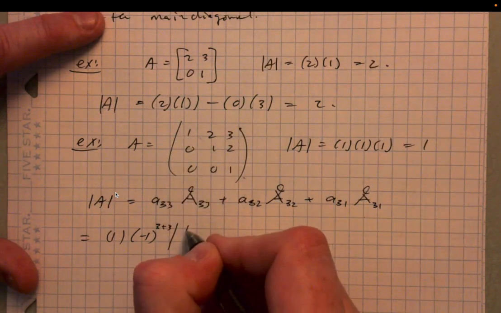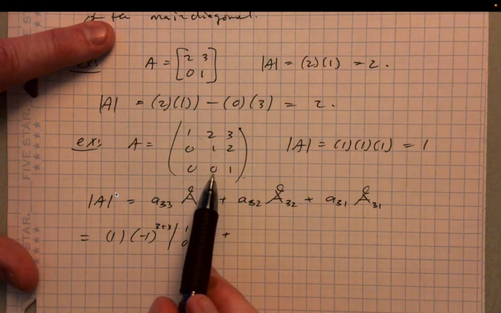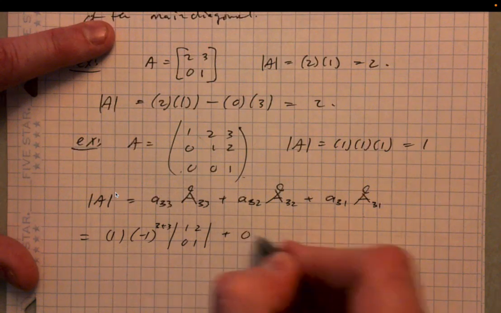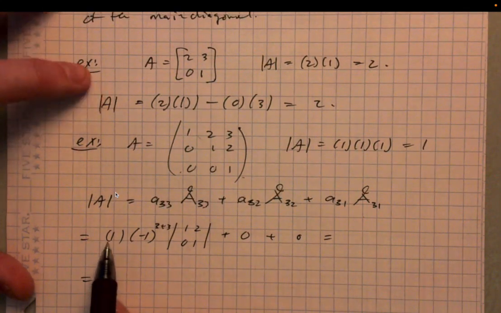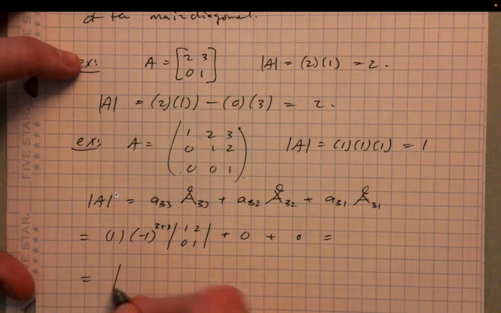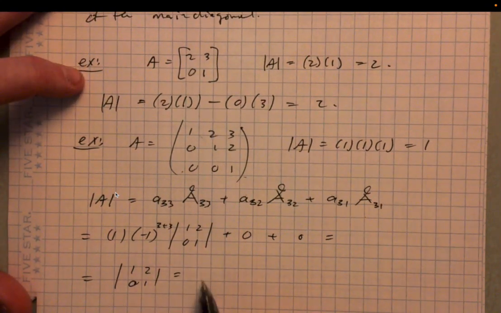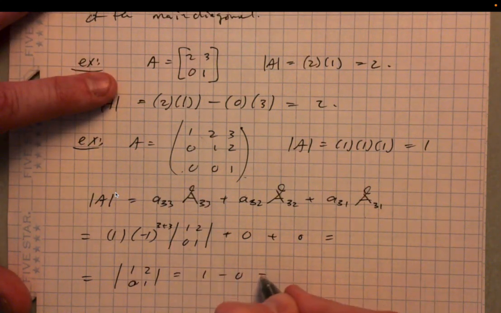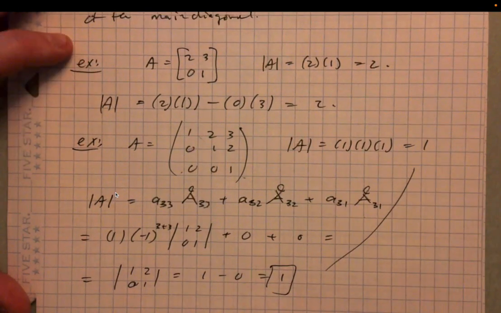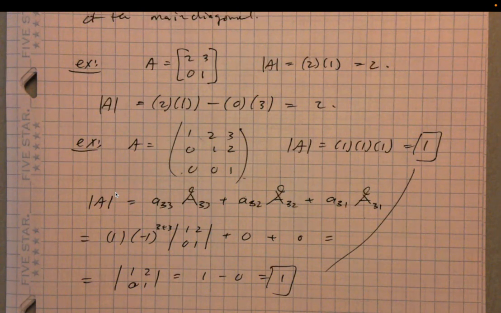That would be 1, 2, 0, 1. The other two terms, A32 and A31, are both 0, so you get zeros there. So this is 1 times 1, so it's really just this determinant here. Using the formula for a 2 by 2, this is 1 minus 0. You can see that they agree. That's just a starting example. We'll go through and see exactly how this works in a moment.